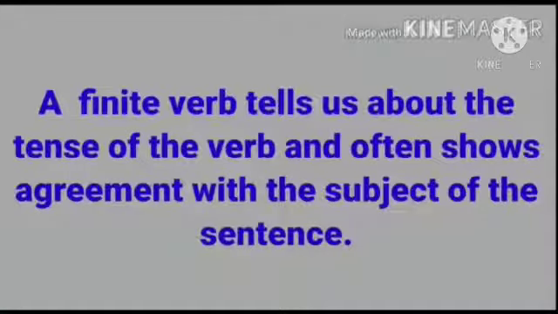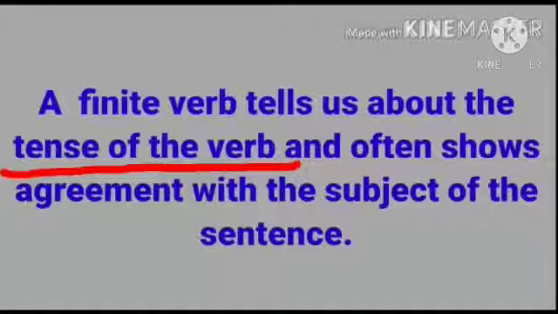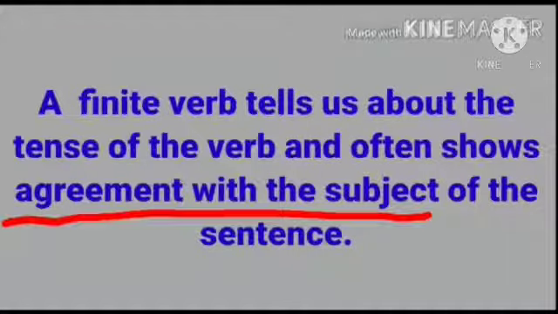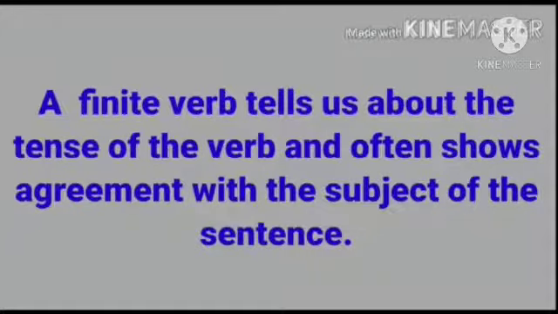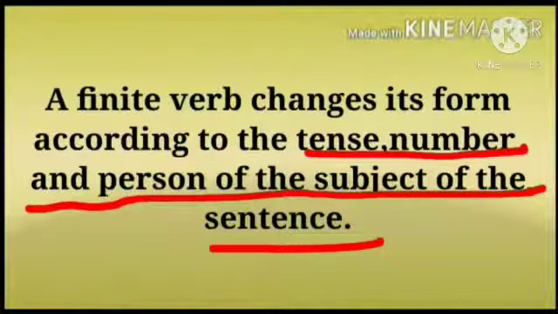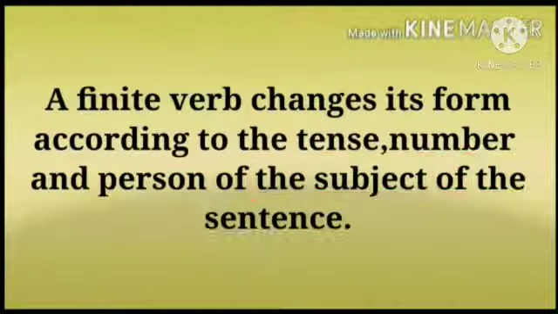A finite verb tells us about the tense of a verb and often shows agreement with the subject of the sentence. Means a finite verb changes its form according to the tense, number and person of the subject of the sentence.